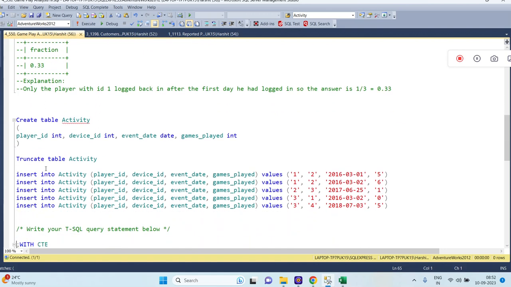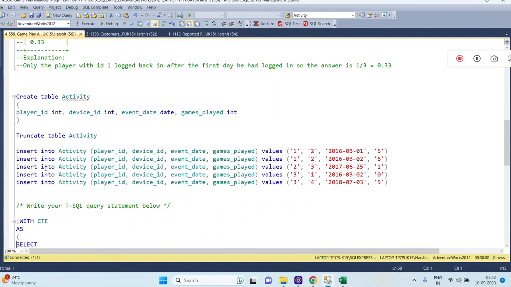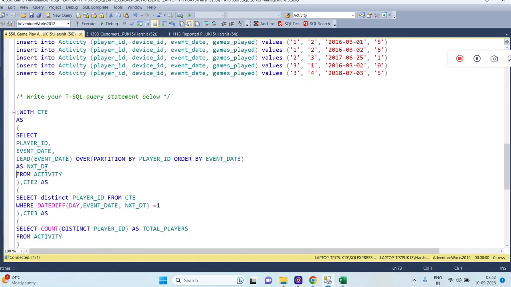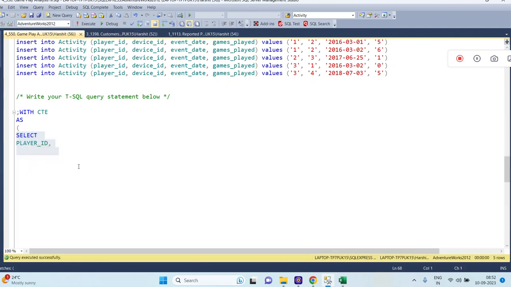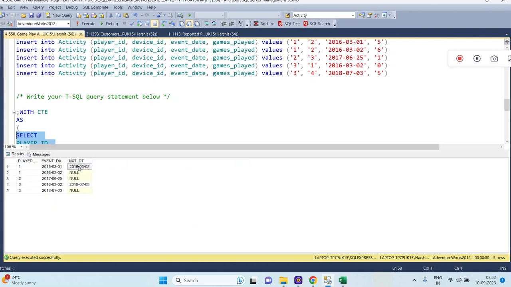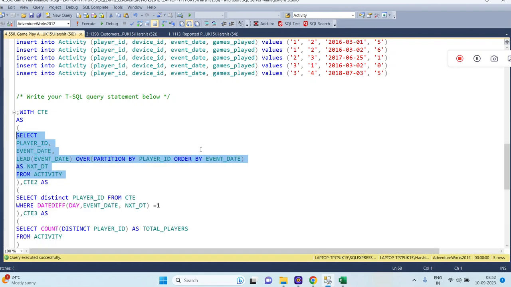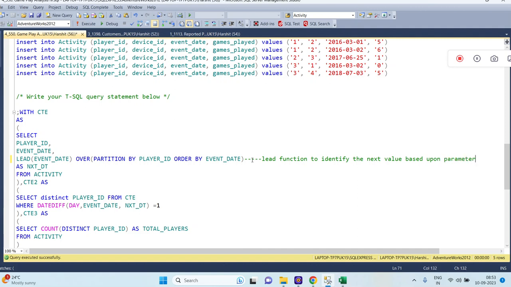So I have already created the table and inserted the data into it. Now here we need to use the lead function to identify the next day of the event of the same player ID. The lead function identifies the next value based upon a parameter.